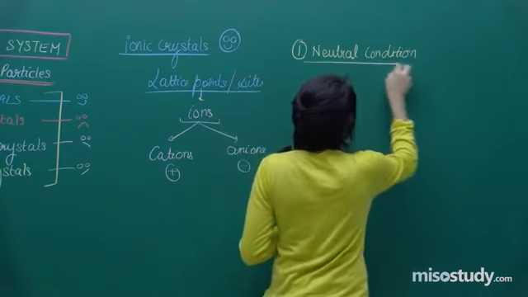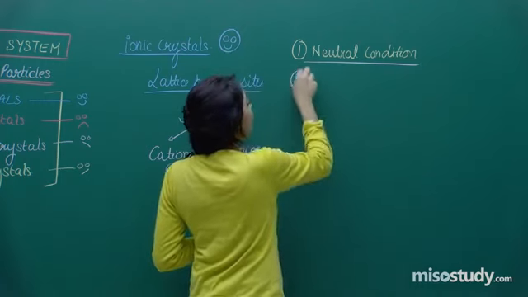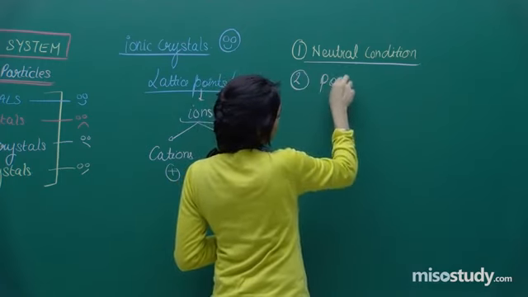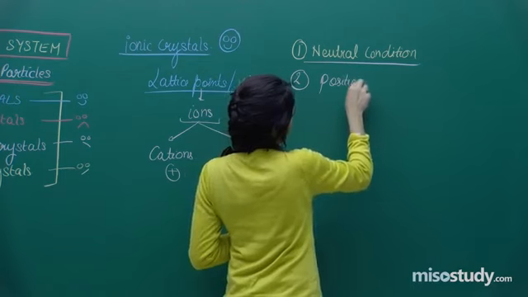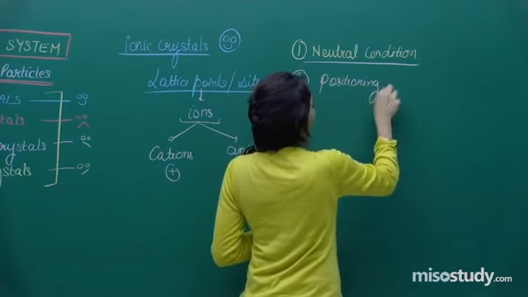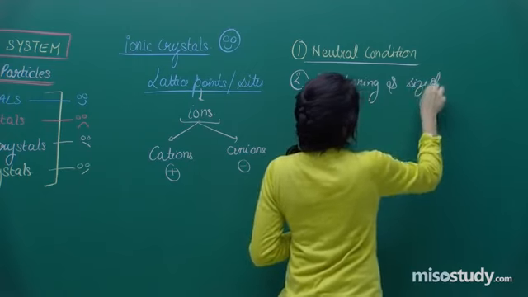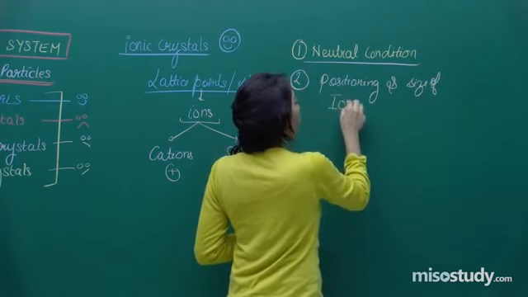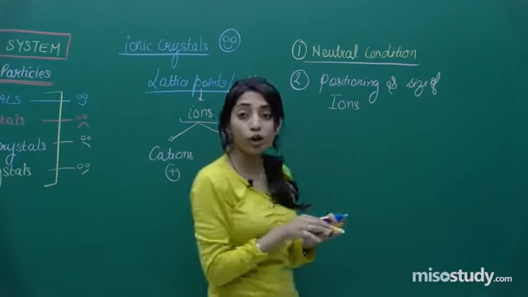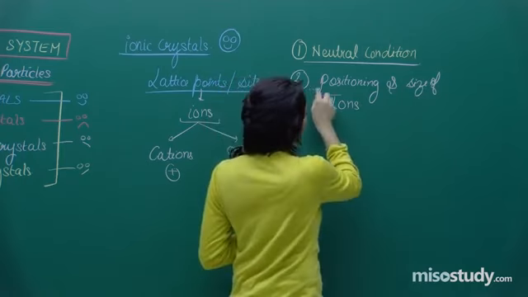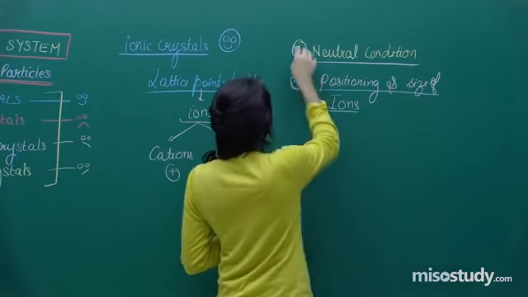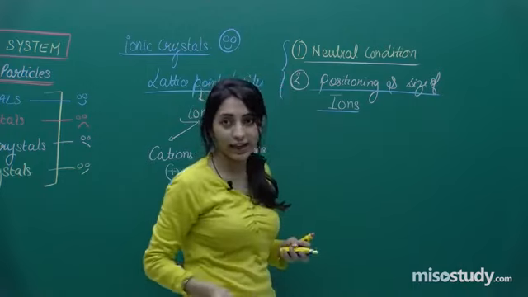So this is point number one. And the second is positioning and size of ions. What do we mean when I'm talking about the positioning and the size of ions? Let us discuss these two things in detail.